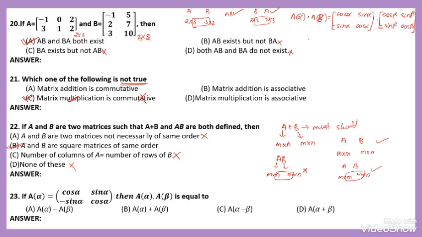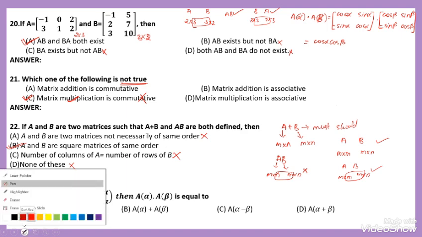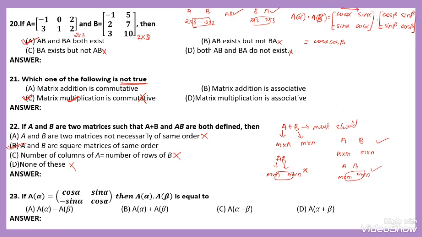While taking the multiplication, it is row by column. First row, first column: cos alpha into cos beta.